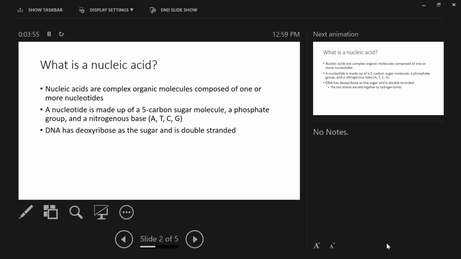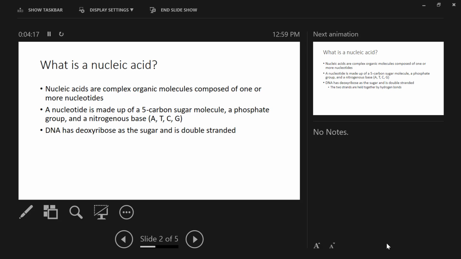And then DNA is double-stranded, so every molecule of DNA actually has 2 strands of DNA bound together. We'll talk a little bit more about this as we continue through this slide.